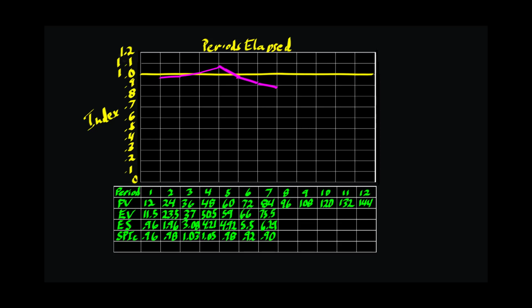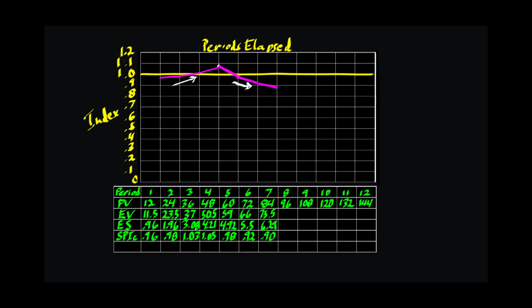The graph shows that efficiency starts a bit lower than planned, but then gradually increases to a maximum at the end of period 4, and then it declines gradually after that, indicating that time more recently has not been used as efficiently as planned. If it's not being used as efficiently as planned, is that a cause for concern?